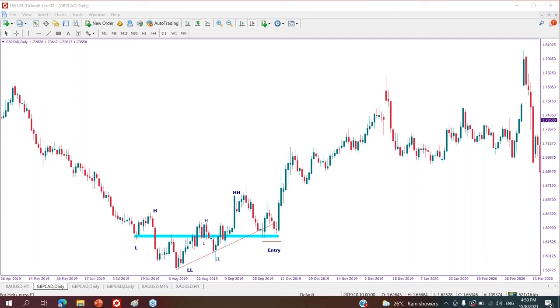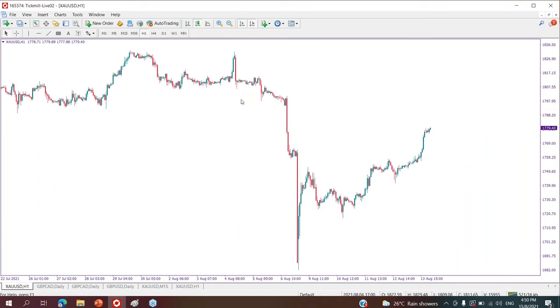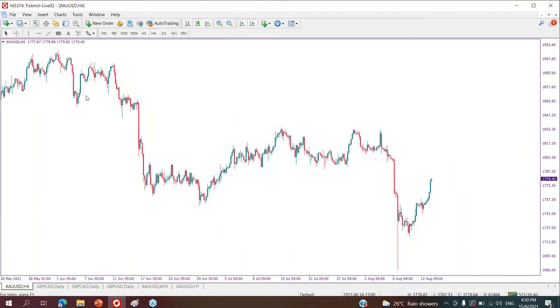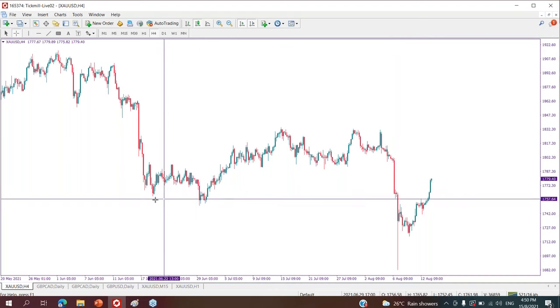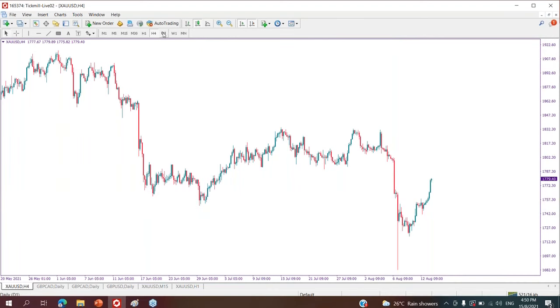Teacher, in the gold chart, doesn't price already touch danger zone on 28th April? Let me see. 28th April. Which April?